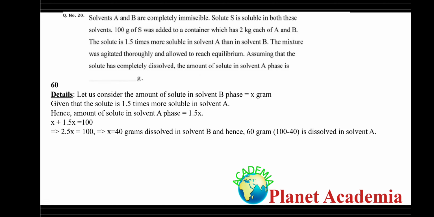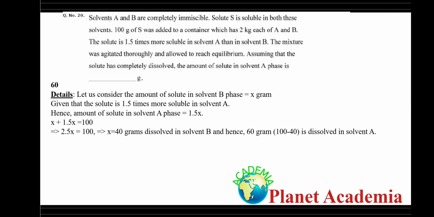Remember, the solvent is given in kg. The solute is 1.5 times more soluble in solvent A than in solvent B. The mixture was agitated thoroughly and allowed to reach equilibrium. Assume that solute has completely dissolved.